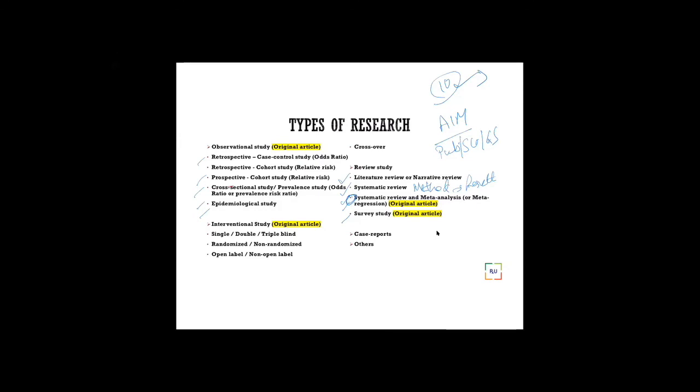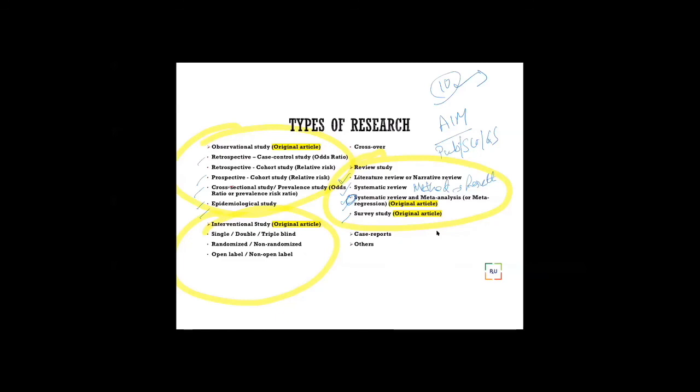So basically we have one group, one group, and one group. Three different types of research are the majority: observational studies, interventional studies, and review studies.